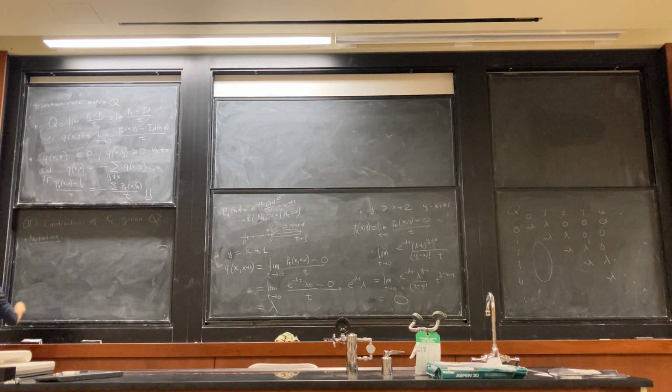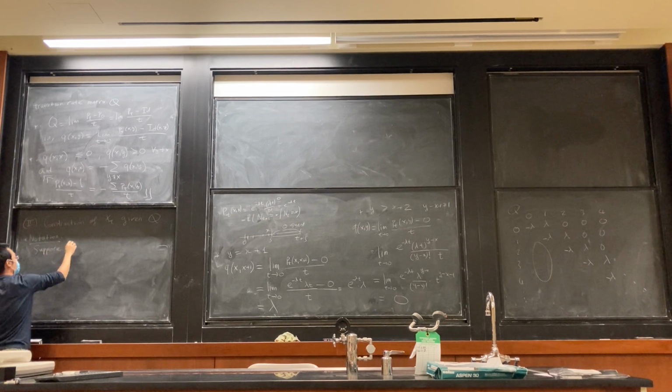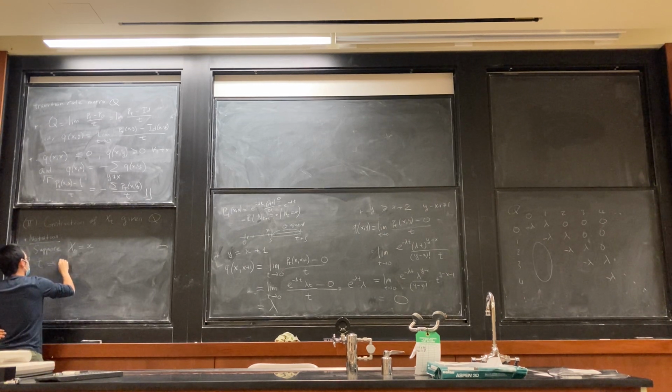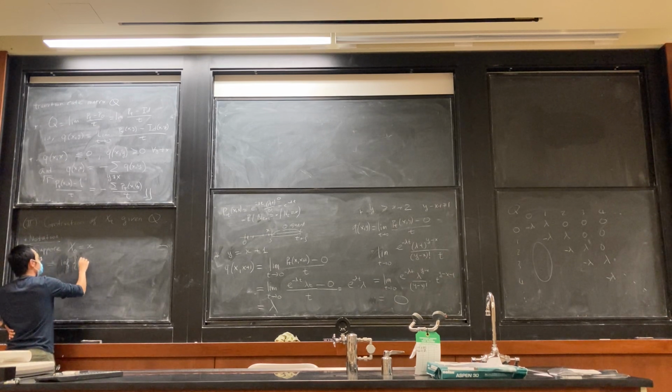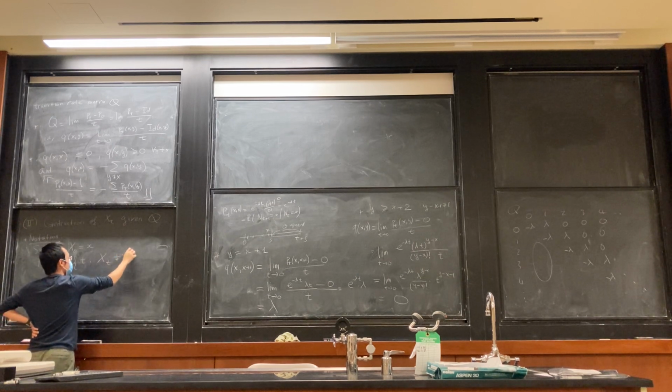Suppose I have X_0 equals x. I define tau to be the infimum of t such that X_t is not equal to x.